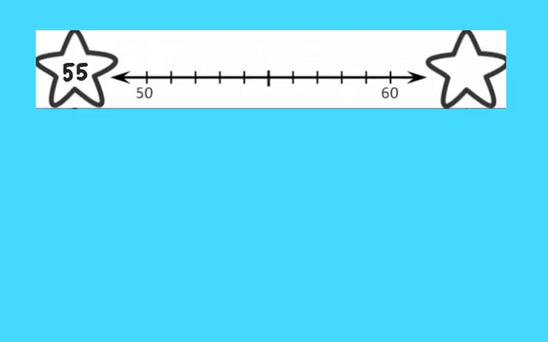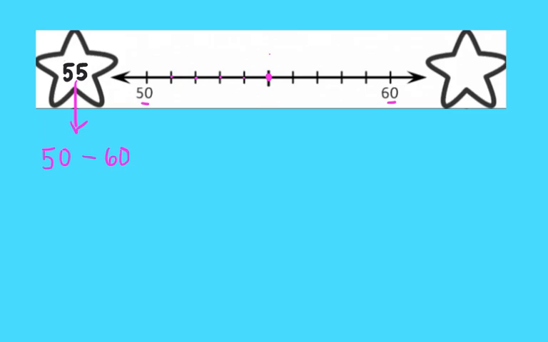What about 55? When I'm deciding which 10s it is in between, I'm going to take that first digit, 5, and put a 0 behind it. And then 1 more 10 than 50 is 60. So I'm choosing between 50 and 60. When I look at my number line, I would have 51, 52, 53, 54, 55.